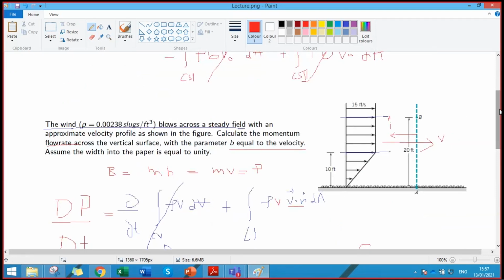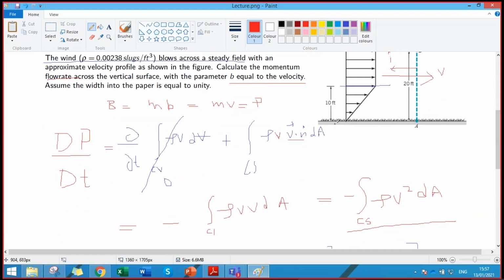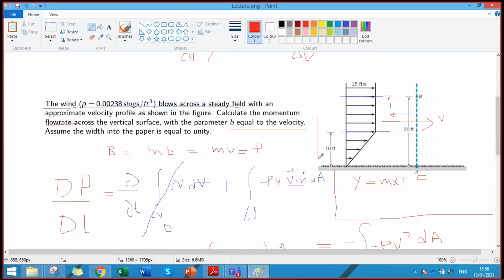How do we find this function? Find the slope, the equation of a line. We know that y equals mx plus c. If I define y as the coordinate and this as the velocity coordinate, this would be m v plus c, right?